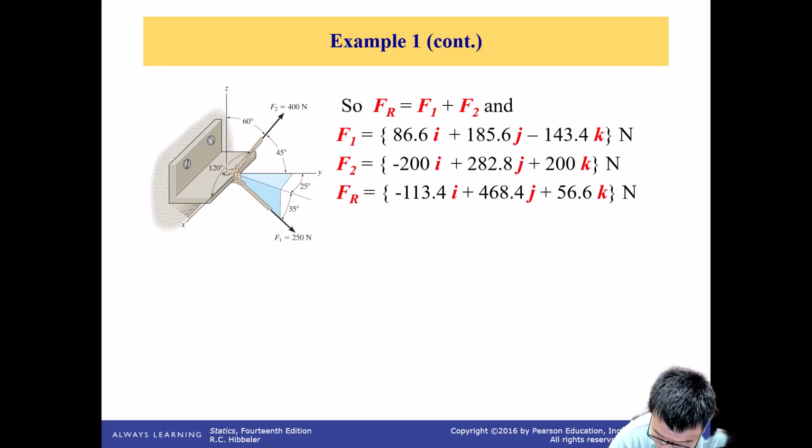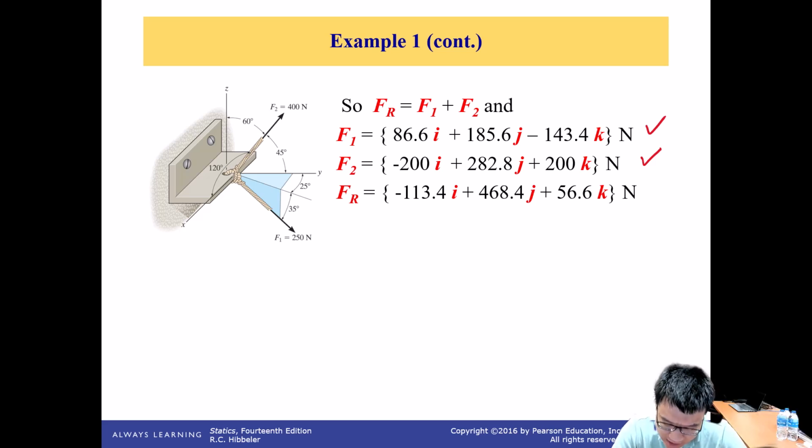Here's the answer for F1 we already solved, and here's the answer for F2. The question requires us to find the resultant force, the addition vector of F1 and F2. Because we already know the x, y, z components of F1 and F2 respectively, FR, the resultant force, is as easy as adding the x component of F1 and the x component of F2, which is 86.6 plus negative 200, which becomes negative 113.4.